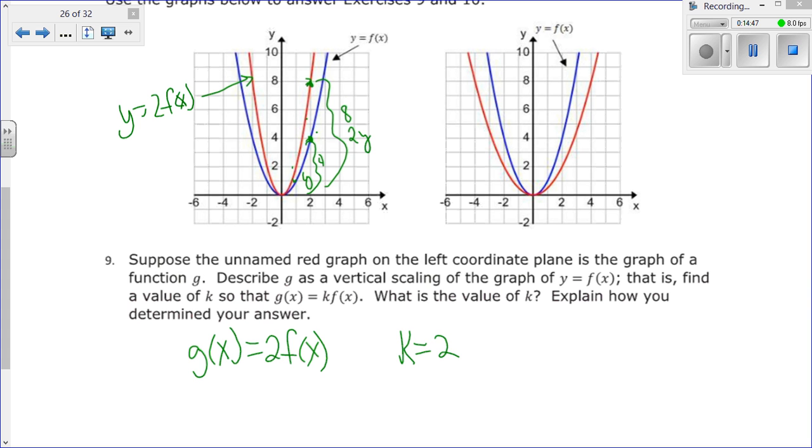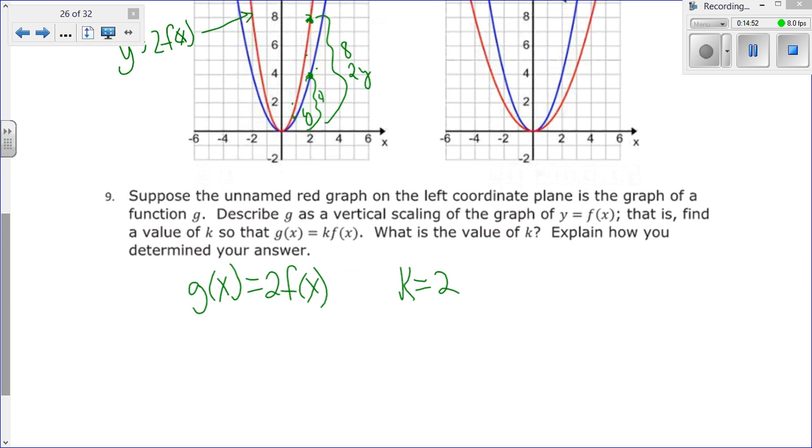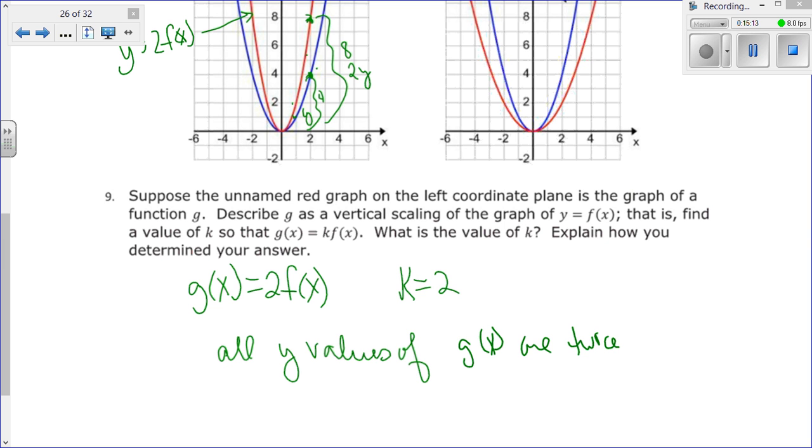So you could say all y values of g of x are twice the y values of f of x.